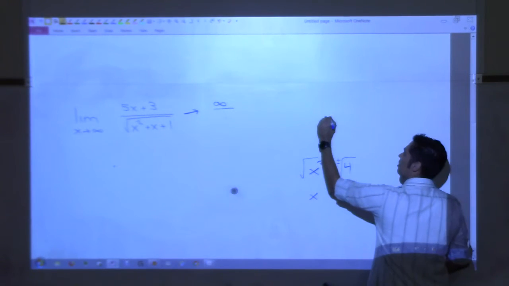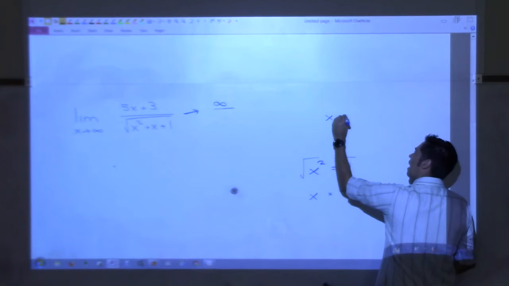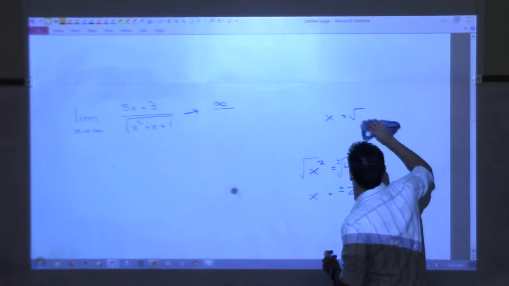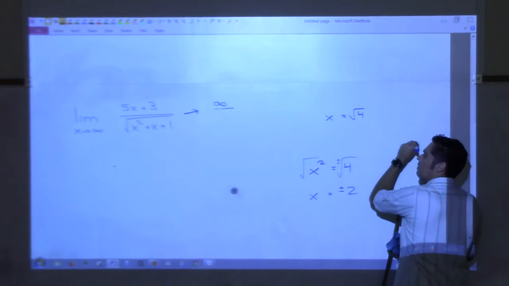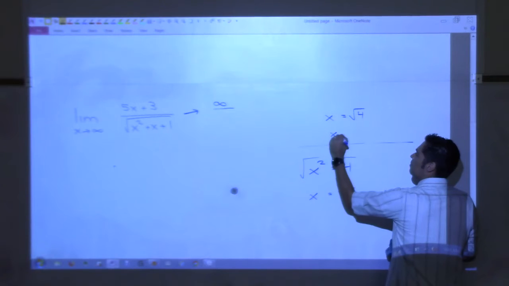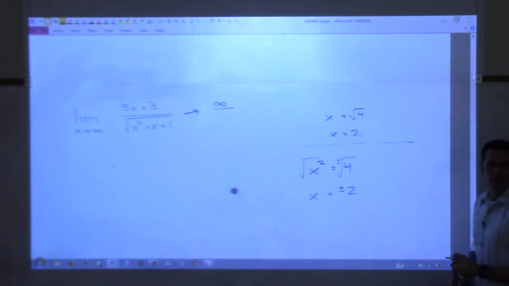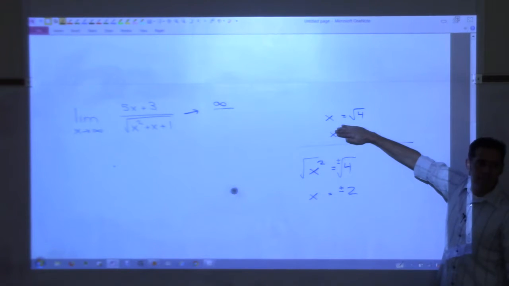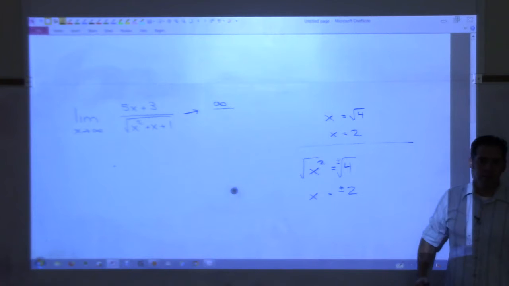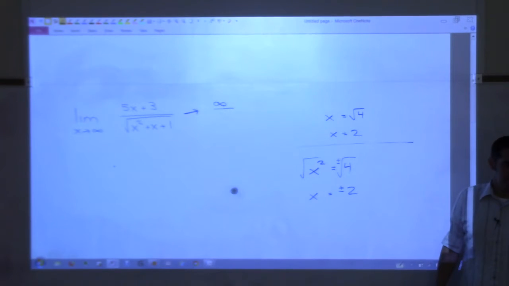Now, if somebody tells me, hey, x is the square root of 4, then my answer is 2. Not plus or minus 2, just 2, because the root was there already. So when a root is presented to us as it is, then there is no plus or minus.